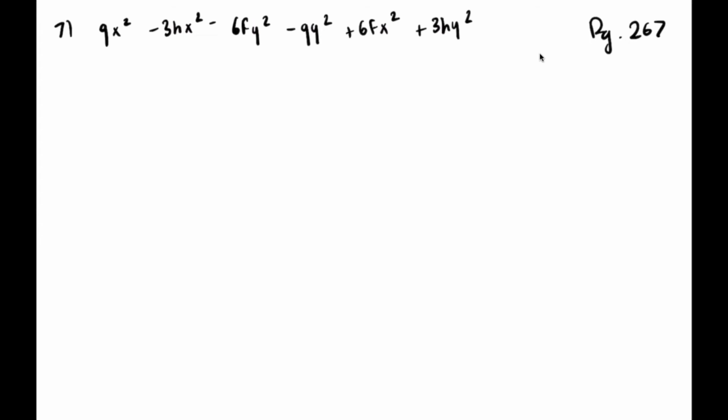Because here we have gx squared, negative 3hx squared, and 6fx squared that have the variable x squared common between them. And the other group is negative 6fy squared, negative gy squared, and 3hy squared.